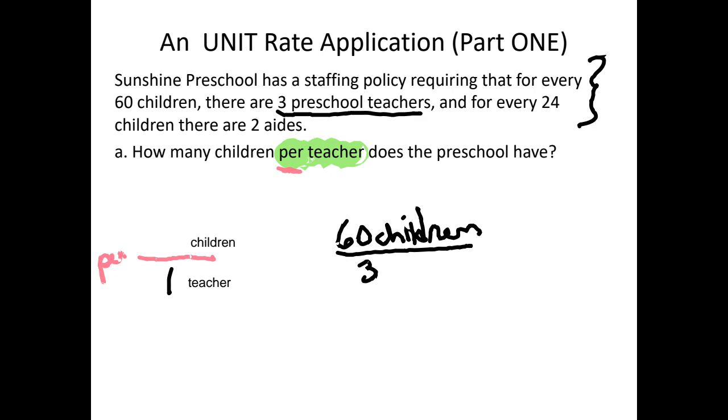This is question A set up. How many children per teacher? Well, then we have to go back to the story. Children has got to be on the top, because that's what's over here. In the story, they're saying 3 teachers.